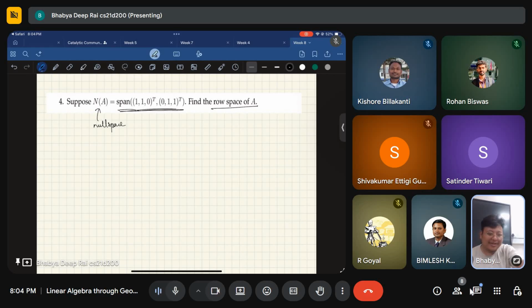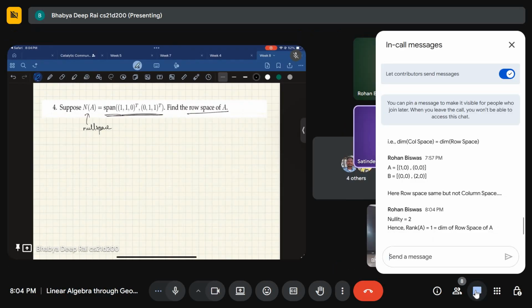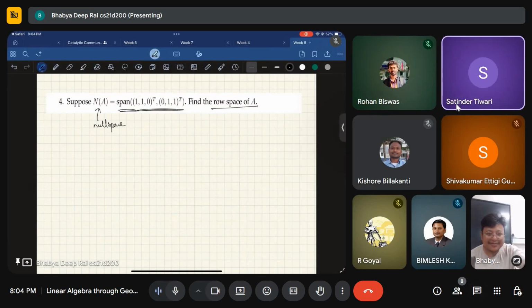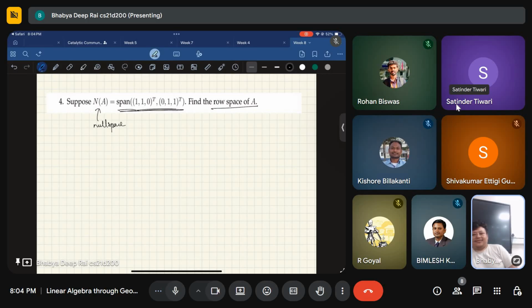Good. Oh wait. We have to use this rank nullity theorem, no? Here also. Yes. So yeah, that's one hint first. You need to use the rank nullity theorem somehow.